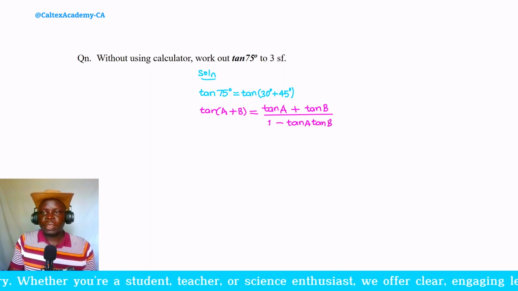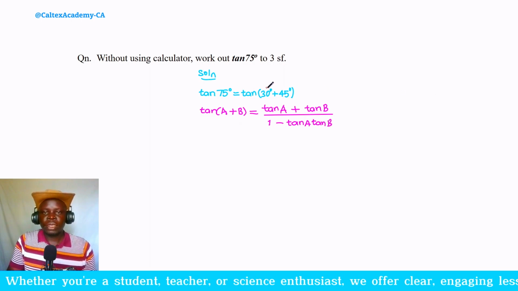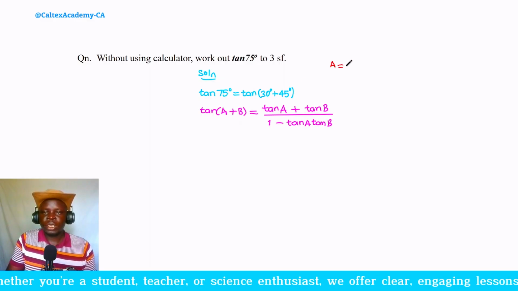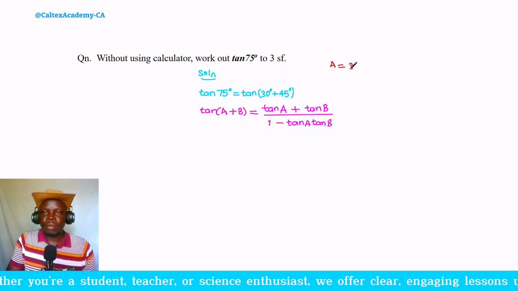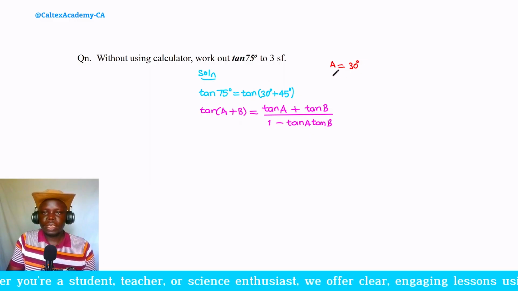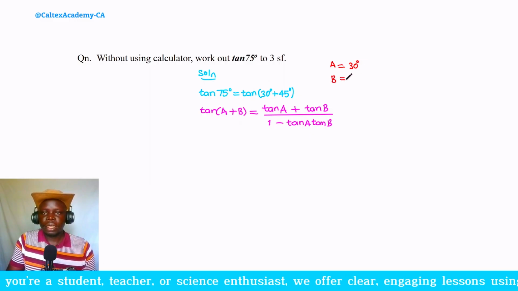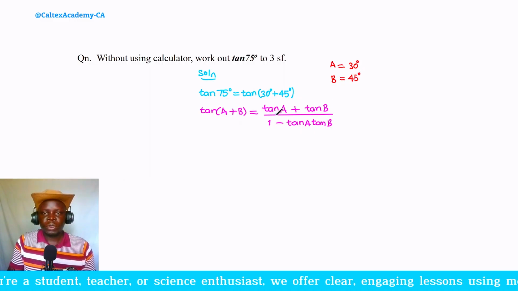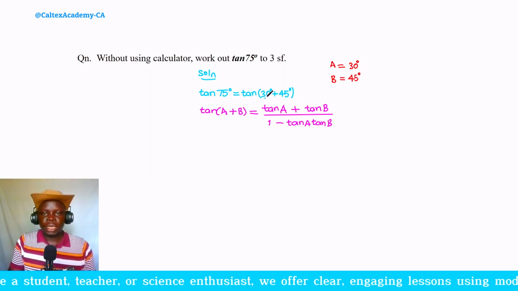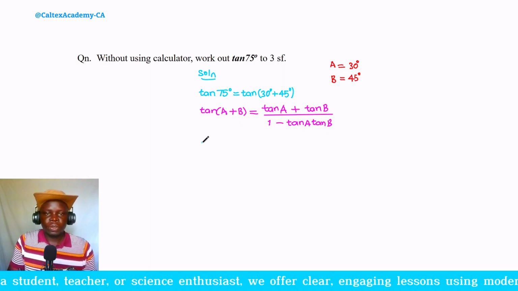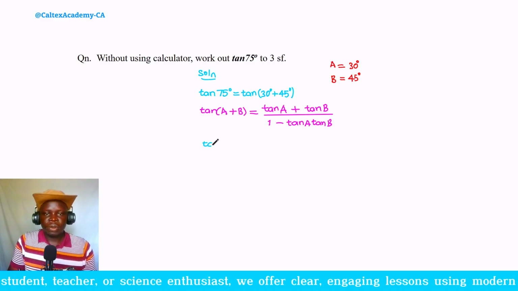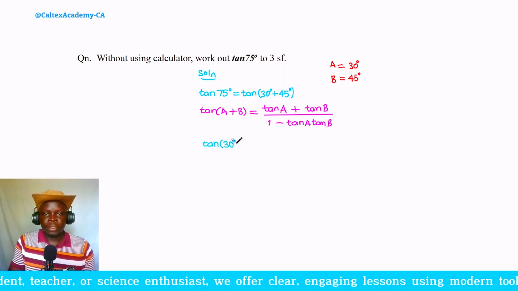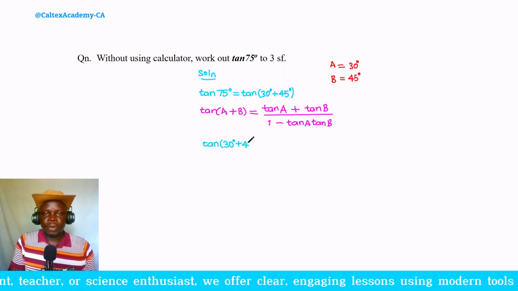So from here we can see that we need to make sure that this corresponds to our A. Therefore, according to what I've written here, A is the same as 30 degrees and B is equal to 45 degrees. We can make substitution into our formula here, bringing tan of 30 plus 45 to the left hand side and say, okay, we have tan of 30 degrees plus 45 degrees.